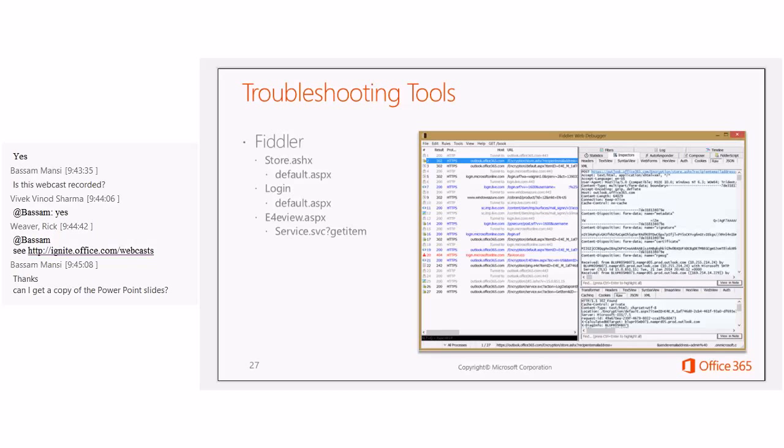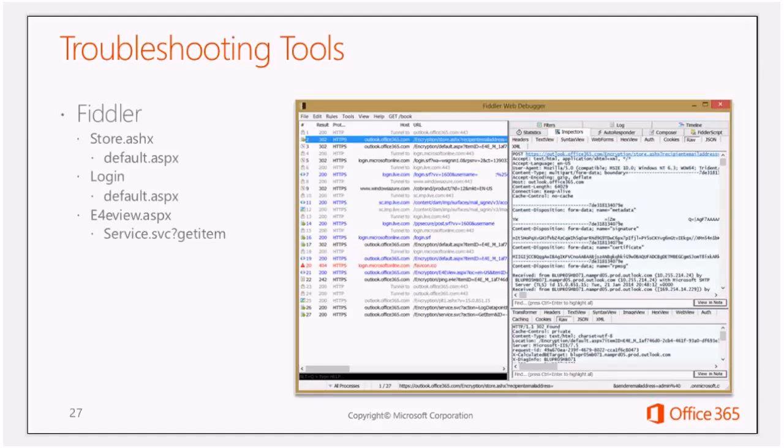The login is when we're getting redirected for the authentication information, and then the E4E view is when we're returning the unencrypted data back to the portal to view, back to the client. So usually that's what you're going to want to pay attention to. If there's an error or a problem, a 404, something like that, it'll show up pretty clearly, as you can see in the example there.